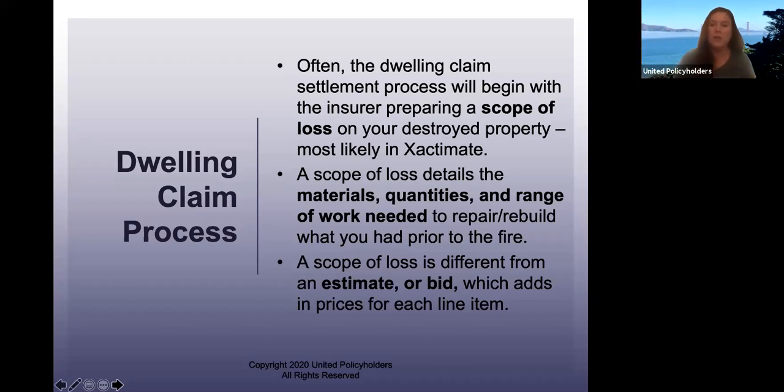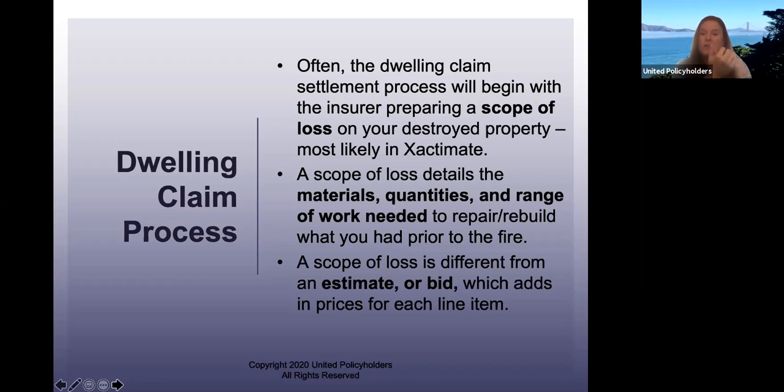Okay, so the dwelling claim process generally begins, hopefully, with an insurer preparing a scope of loss on your destroyed property. Now some insurers, so the law in California, unless your house burned this year, and I don't think we have any of those, the law in California says that the initial payment to an insured after this type of disaster is one of two things.